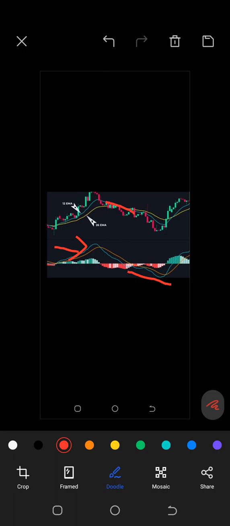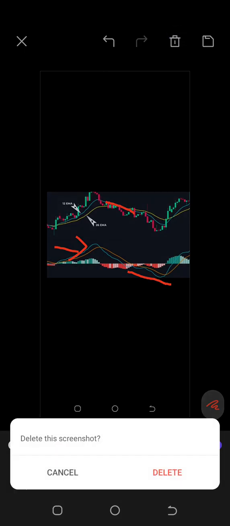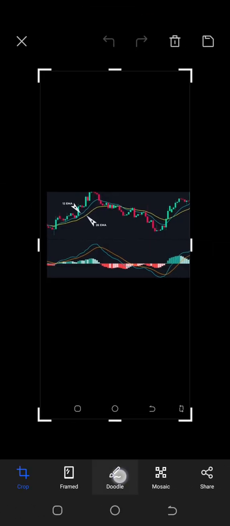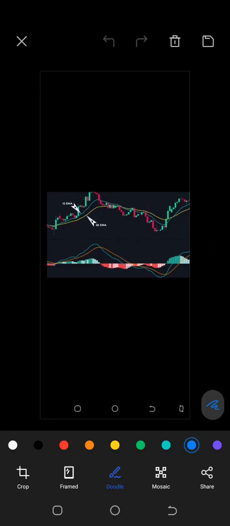Then the last one is the signal. The signal line is this one. Don't worry, it's just a simple thing. You just have to know that this is this and this is that. So this is the signal line.